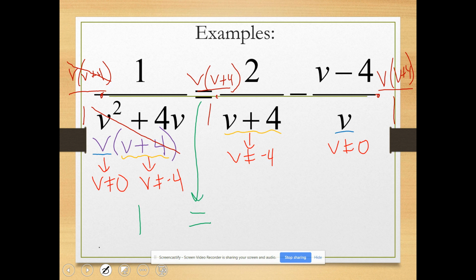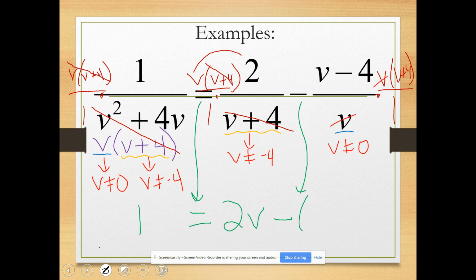And we have an equal sign. For this middle one, our v plus 4's reduce out, leaving us with v times 2, which will be 2v. And we have a minus. And anytime I have subtraction, I want to go ahead and make sure I have that parenthesis there.